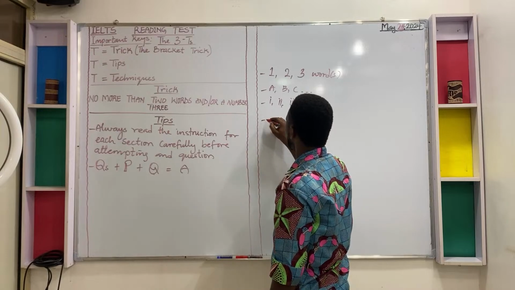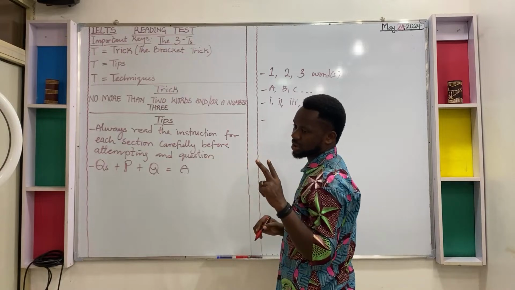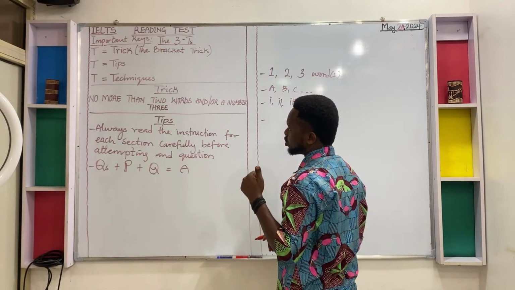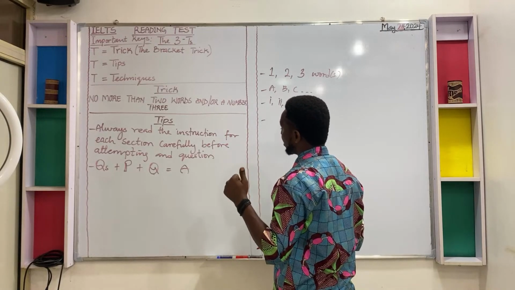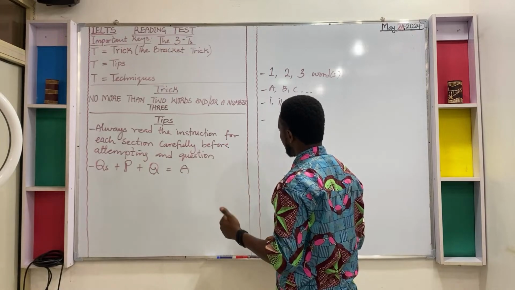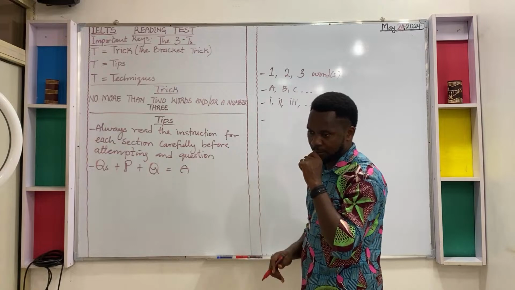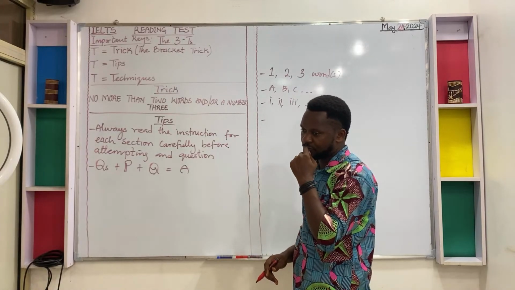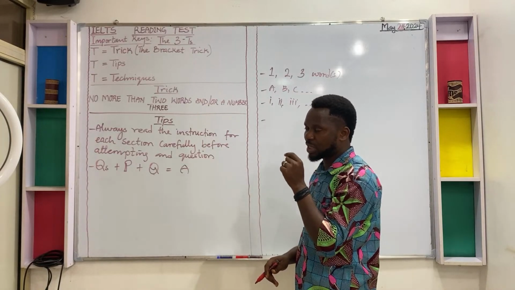Instruction will help you to know if you are required to choose any 2 letters from the list of options given. When instruction says choose any 2 or any 3 correct letters from the list of options, this means your answer must not be written in order.